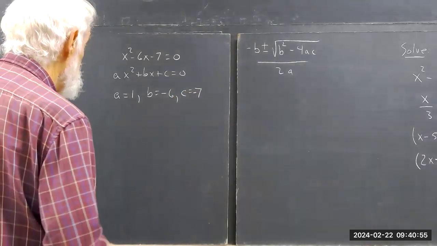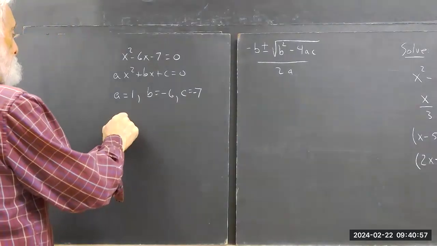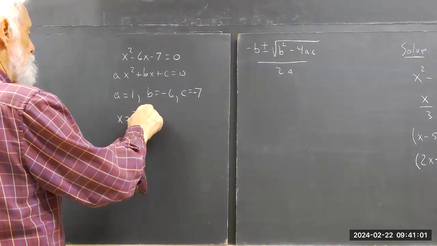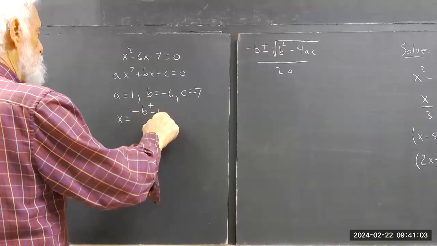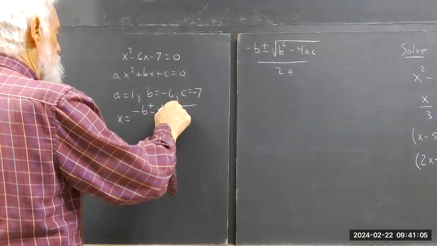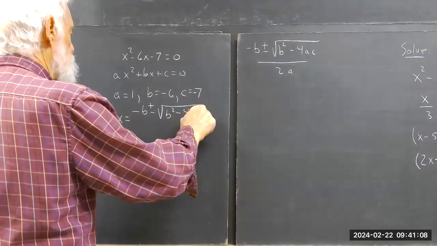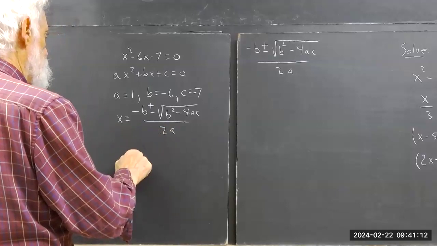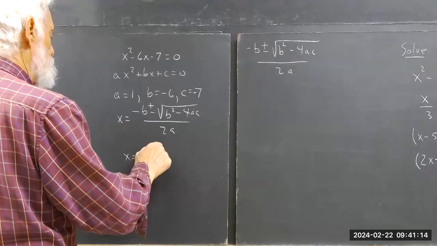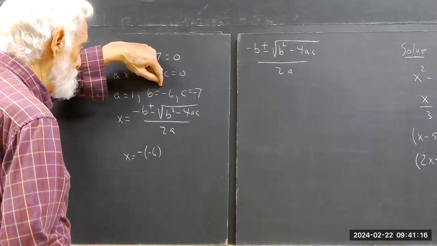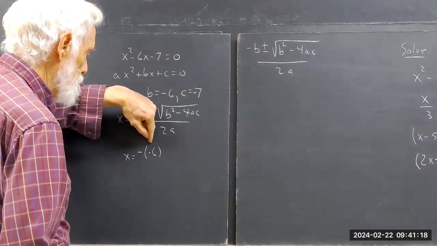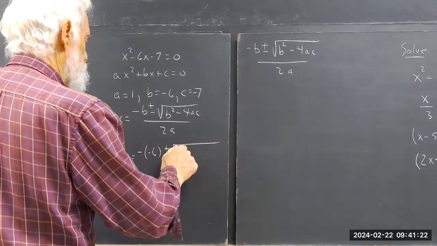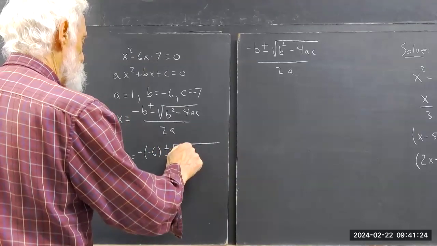C is -7. So that quadratic formula tells us x equals negative b plus or minus the square root of b squared minus 4ac, all divided by 2a. So x equals negative of b, which is itself -6, the negative of -6, plus or minus the square root of the square of -6.